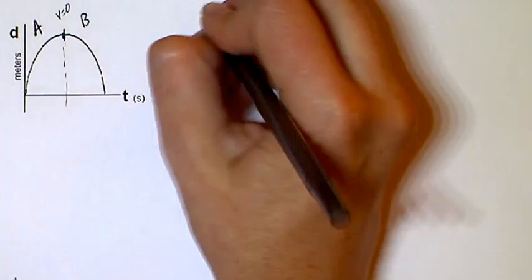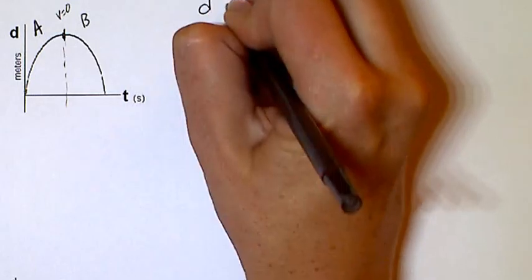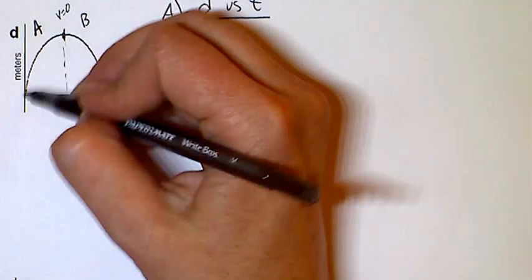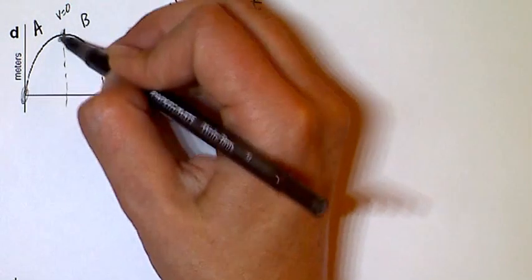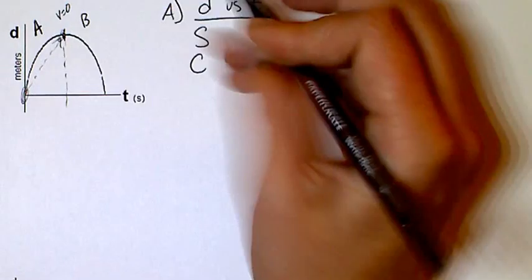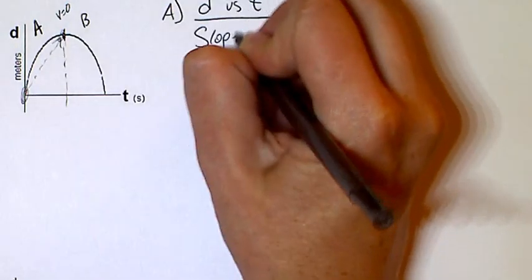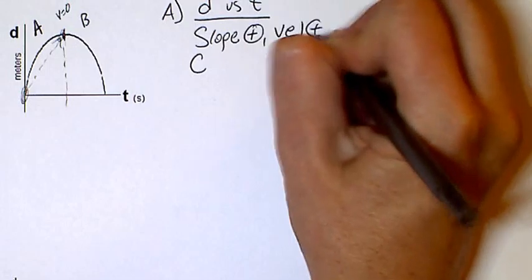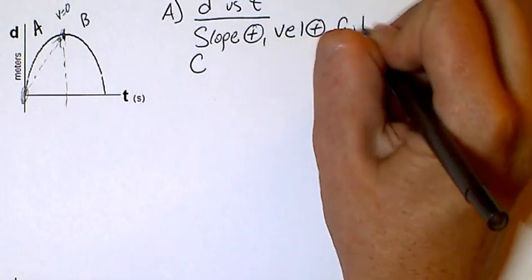So I see that this is a distance versus time graph. I'm going to look at part A, slope and curve. The slope in part A is generally going from here to here. That is a positive slope. That means positive velocities, which means during this section it's moving forward.